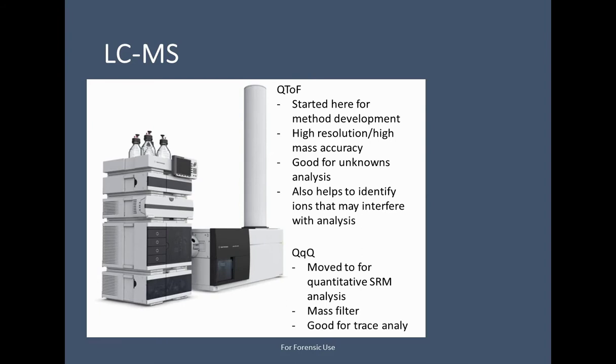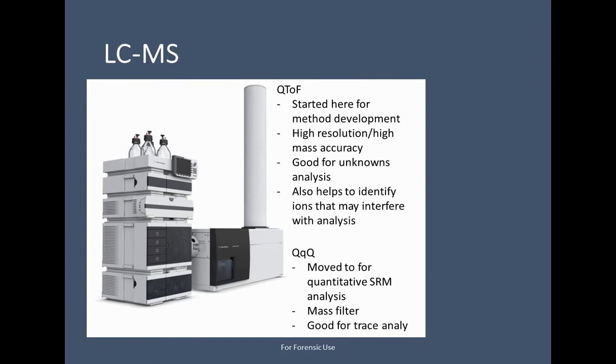And the reason we used high-resolution as the method development approach is several reasons. One, it allows us to measure our metabolites and our target species of interest using accurate mass and the mass resolution capable on this instrument. And it also allows us to see other species that are present.